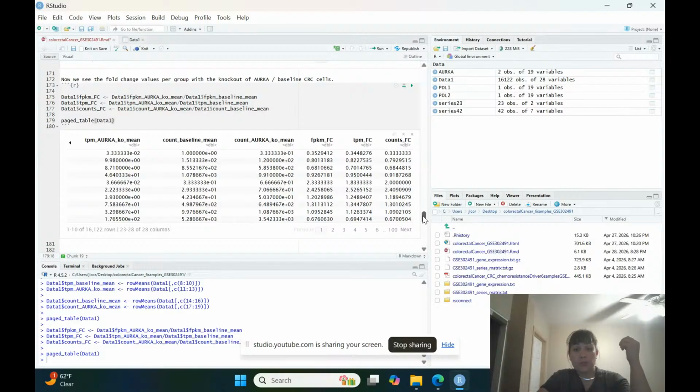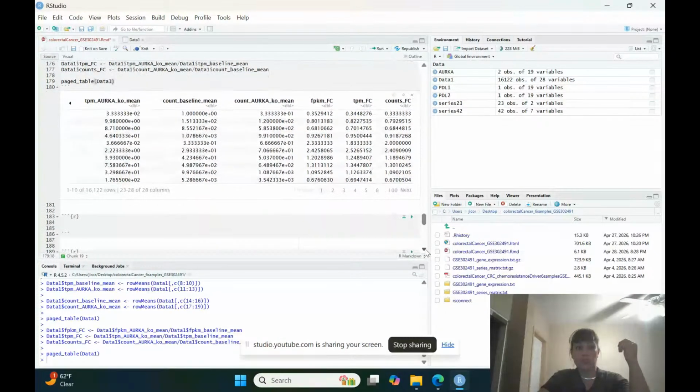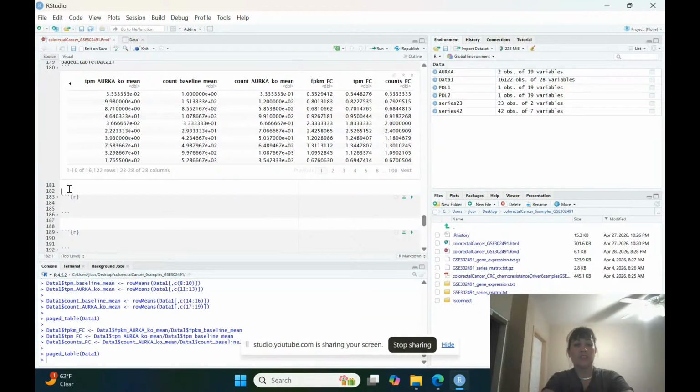let's see what our summary stats are for these fold change values. And we're going to see if we need to remove some zeros.